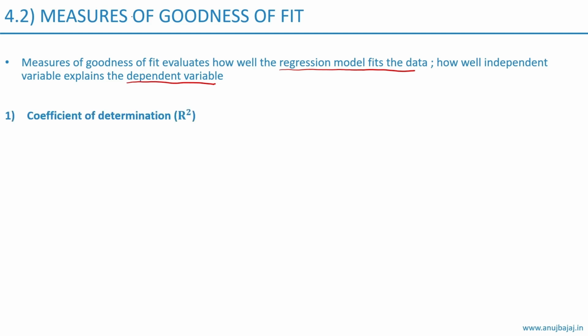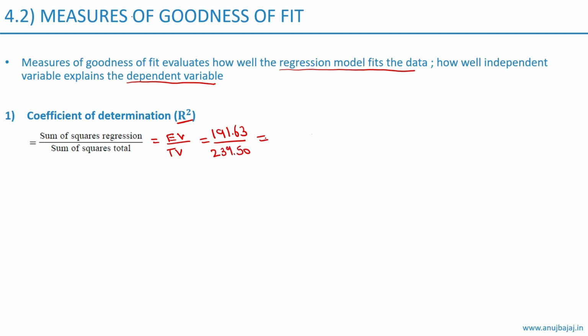The first measure is the coefficient of determination, which is represented by R square. The coefficient of determination equals the sum of squares regression divided by the sum of squares total, which is explained variation divided by the total variation. So in the previous example, the explained variation was 191.63 and the total variation was 239.50.